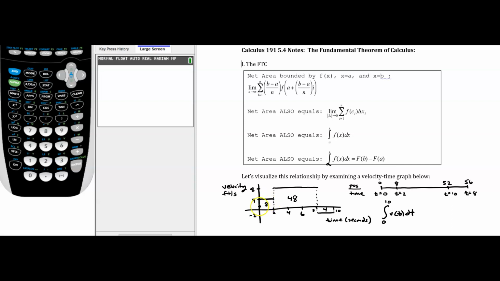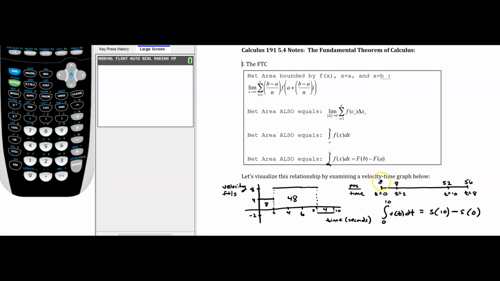And so that would be 8 plus 48 and then minus 4, because this area is below the x-axis. So the net area bounded by the velocity function and the x-axis between time 0 and time 10 ends up being 52. But 52 is the same thing as the position at time 10, as you see right here, minus the position at time 0.